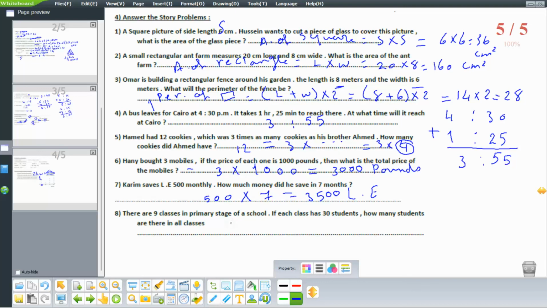We want to know the total number of students, so we multiply 30 in a class times 9 classes. Take out the 0, 3 times 9 equals 27, so it will be 270 students. Thank you.